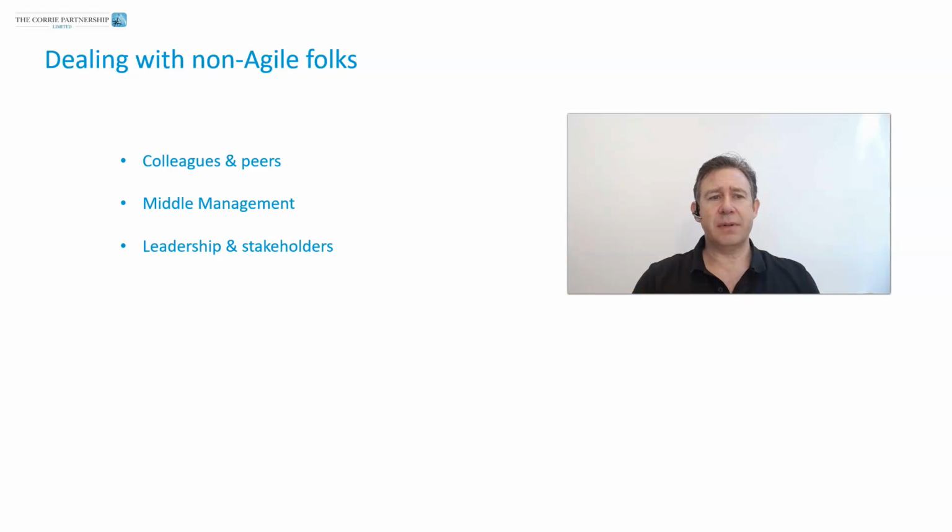Similar to middle management, there could be some fear, but normally it's just a lack of understanding. They are very used to receiving reports and acting and behaving in a certain way towards work, towards their staff, towards the workforce, and so we need to help them move to a place where they are behaving and expecting things in an agile way.